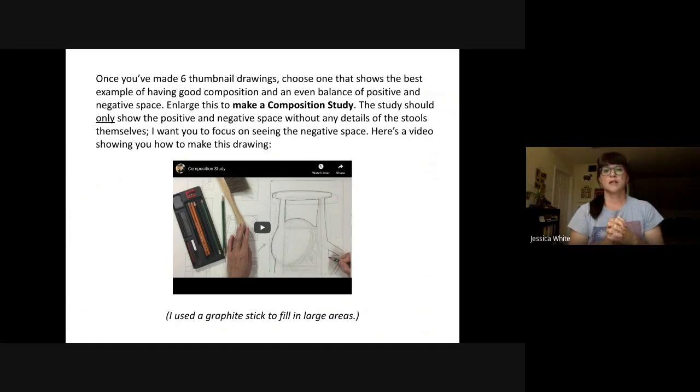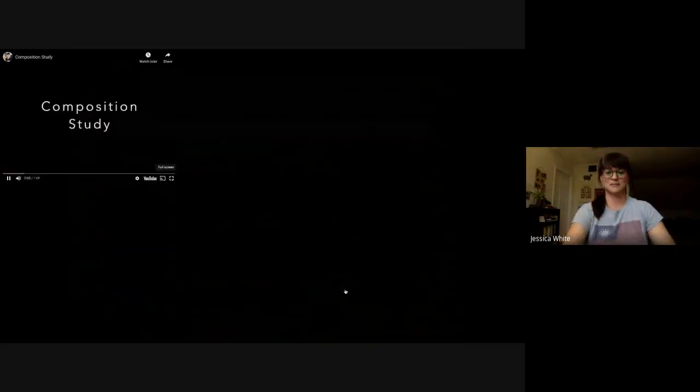So what I've done here is made a little video showing you how to make that composition study drawing. And I just wanted to point out at the bottom here, it doesn't show in the video, but I did use a graphite stick to fill in some of the large areas. So let's watch this video together.